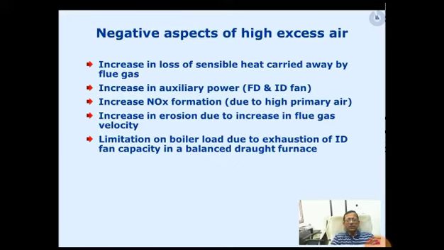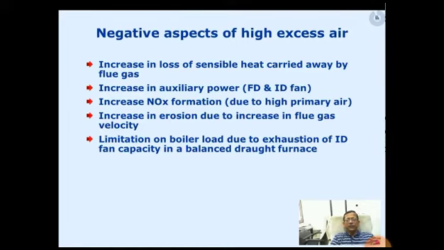If you need to increase the load further, you need to put in more fuel, which will not be possible in this case because the larger amount of flue gas inside the furnace is going to start increasing the furnace pressure. In a balanced draft system, the furnace pressure is maintained by the ID. Once the ID is saturated, you cannot allow the furnace pressure to go up, therefore you cannot allow the fuel load to go up. So it creates a limitation on the boiler load.